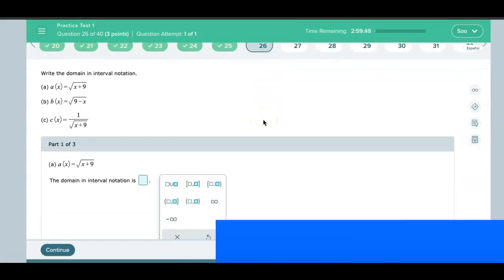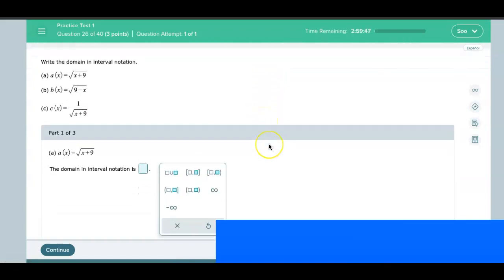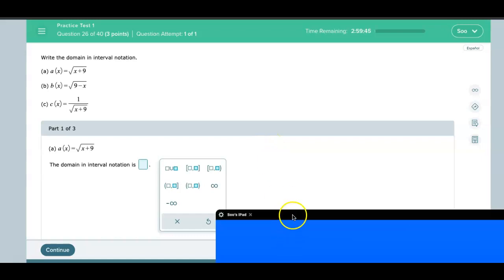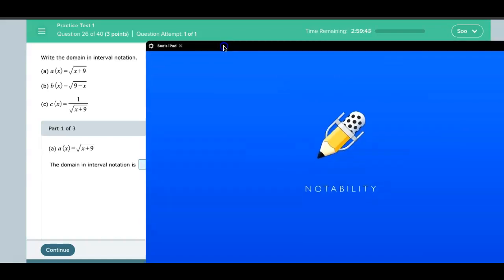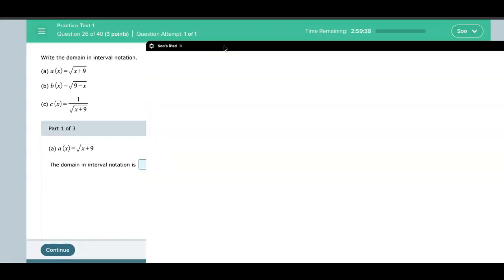Write the domain in interval notation. So we have A, B, C, and we're going to write the domain of all of these functions. So let me write down the first function. A is a square root function.